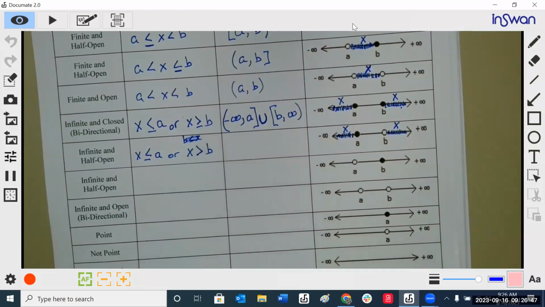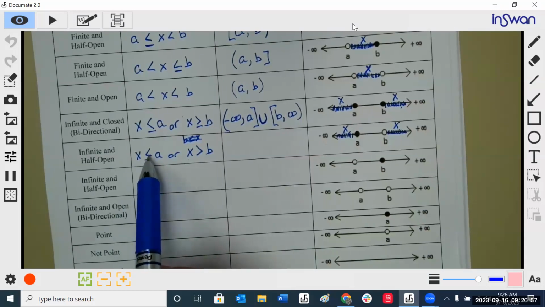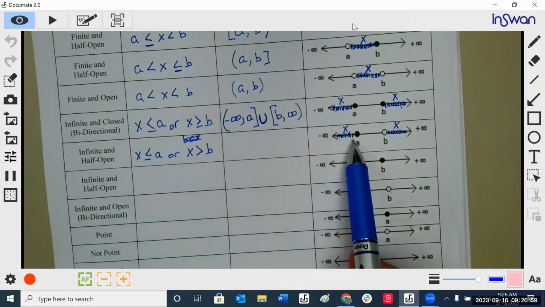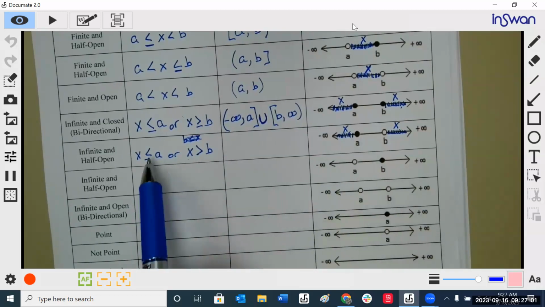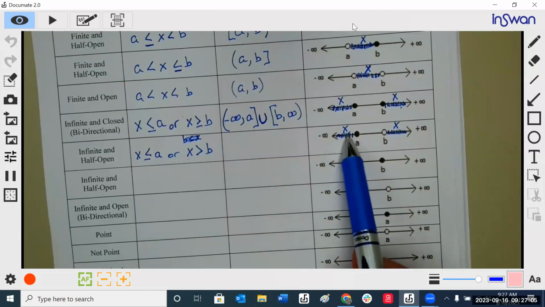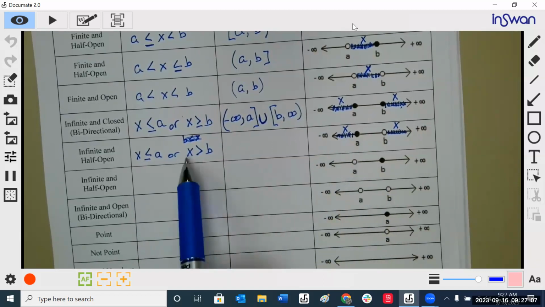But the reason why this is preferred is if your X is on your left-hand side, look at the way the arrow is pointing. That's the shaded region. So if X is on the left-hand side, the arrow from A is pointing left, so the shaded region is to the left.